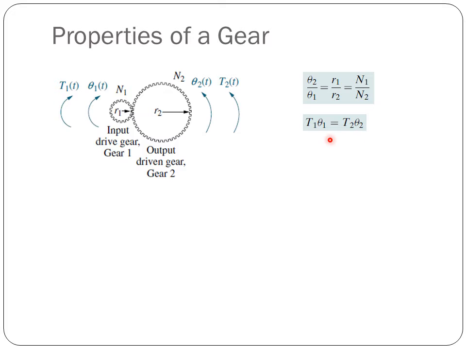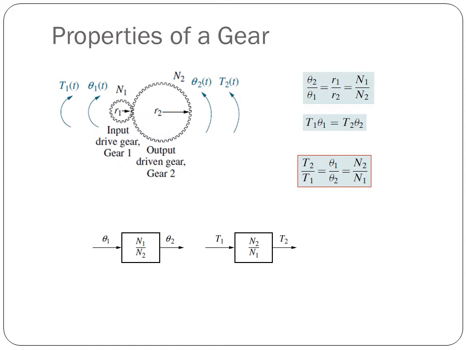So we can rewrite this as T2 by T1 is equal to N2 by N1, or T2 by T1 is equal to theta 1 by theta 2, which is equal to N2 by N1. We can see that the torque is proportional to the teeth, but displacement is inversely proportional to the teeth. So we have to memorize this in order to solve our transfer function.